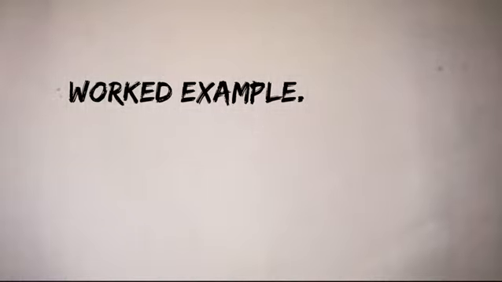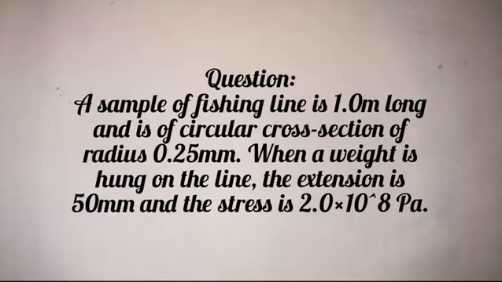Worked example, Young's modulus. The question reads: a sample of fishing line is 1.0 meters long and is of circular cross-section of radius 0.25 millimeters.